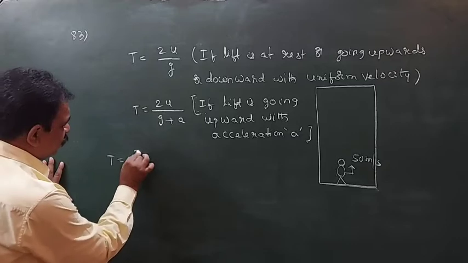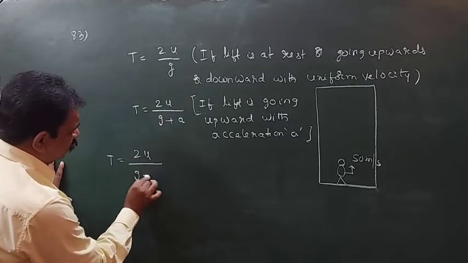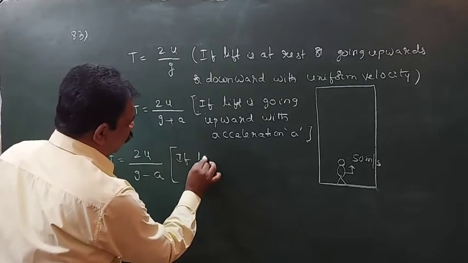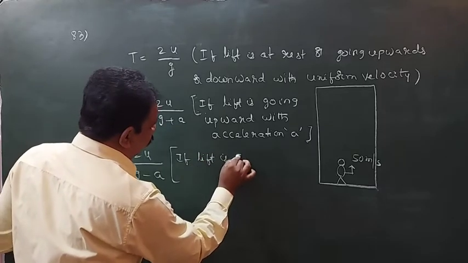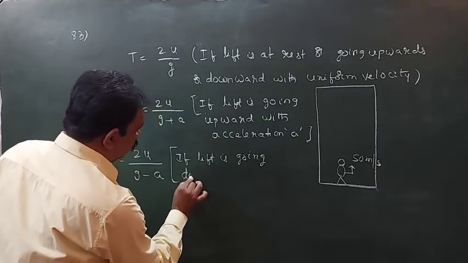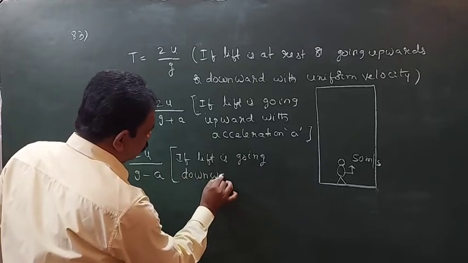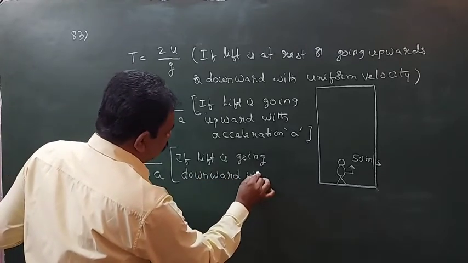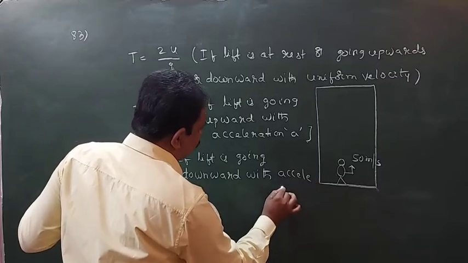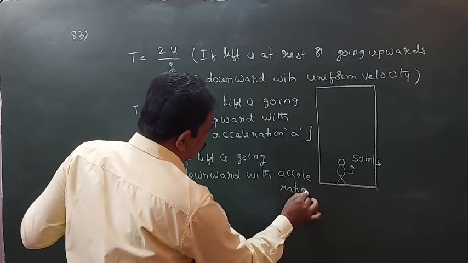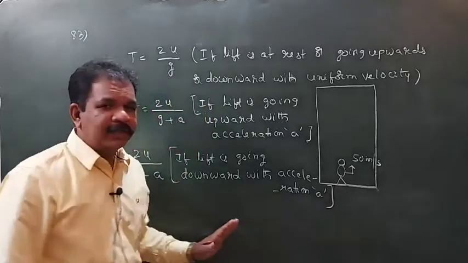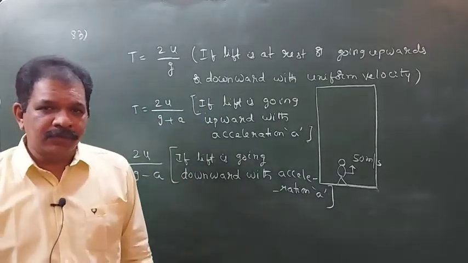T is equal to 2u by (g minus a) if the lift is going downward with acceleration a. These are the formulas we have to use.